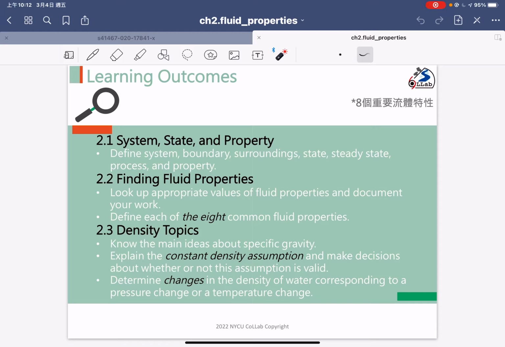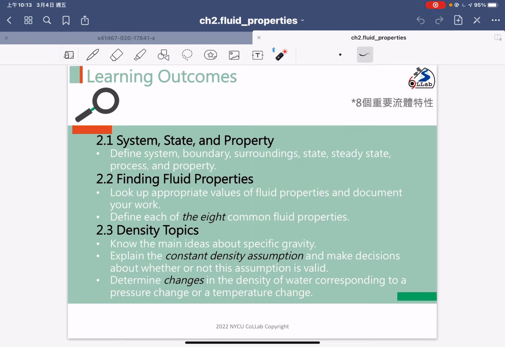Okay, as I highlight in the sentence here, usually for fluid, we always consider the density of the fluid is constant, didn't change, okay? Even with different environment conditions, the fluid always has constant density.